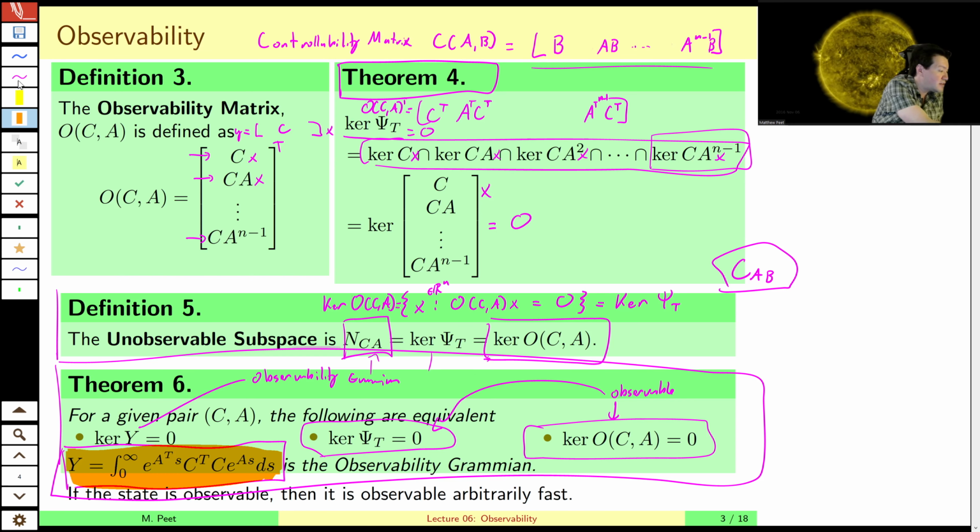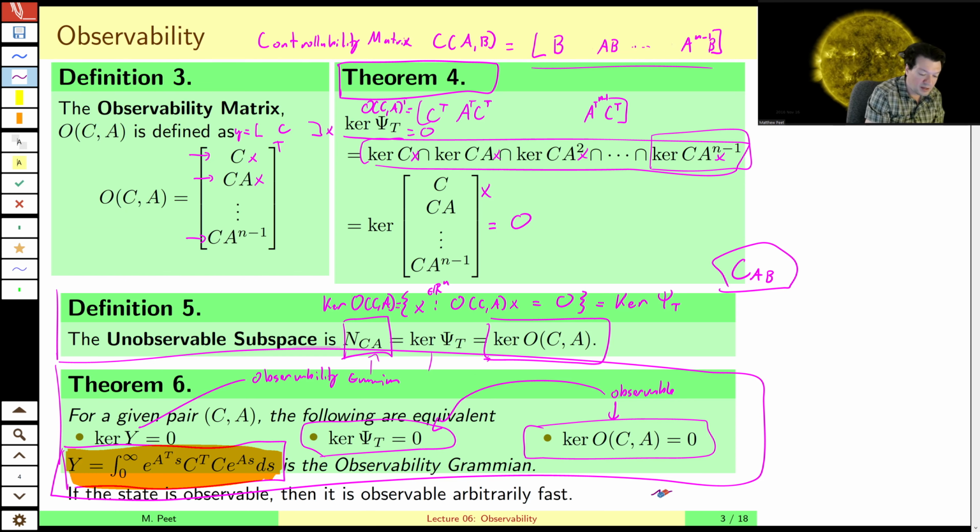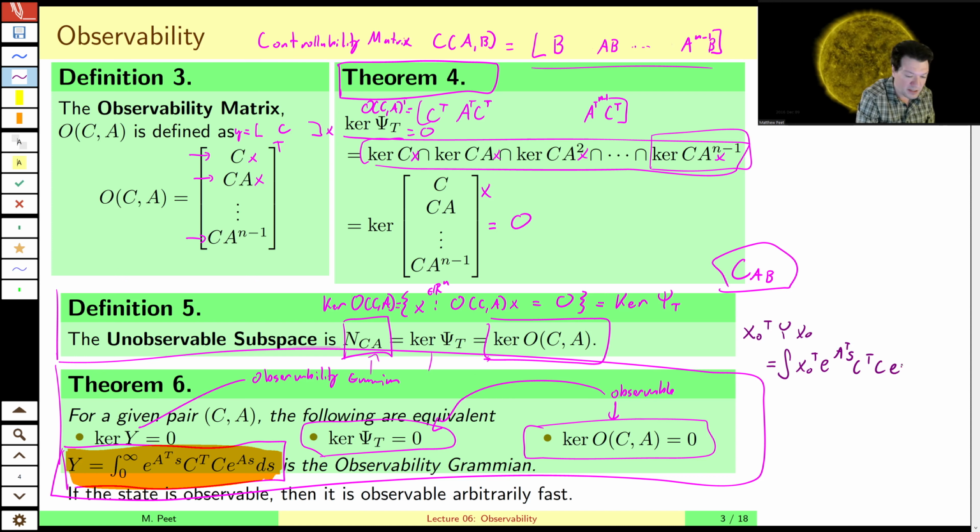So if we look at that, let's change color here for a second, just for fun. We'll try this one. Okay. So if we look at that observability Grammian, and we think about it as a positive matrix, x naught transpose Y x naught, if we look at what that is, it's the integral of x naught transpose e to the A transpose s, C transpose C e to the A s x naught ds.